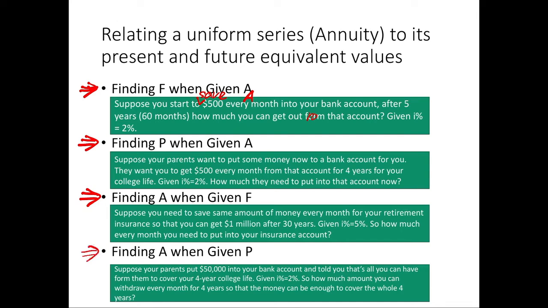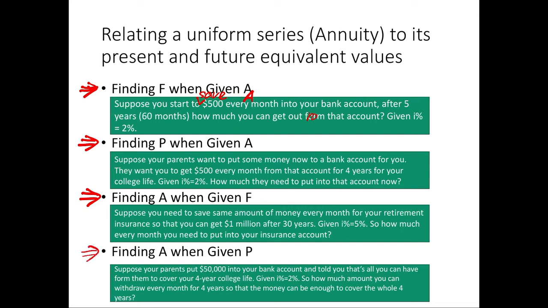Okay, think about that. Suppose your parents now put 50,000 into your bank account, okay, now, and they tell you that that's all for your college life, okay? So there is no more money they can spend on you. They just have that 50,000 now.